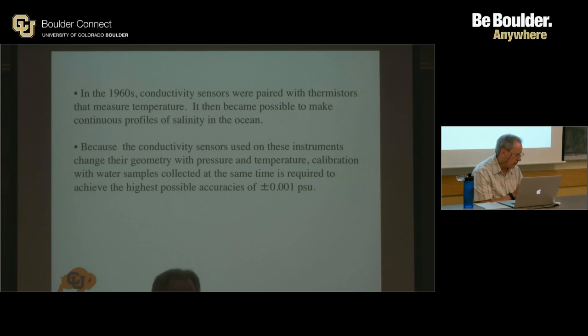They were actually the right way to do it, but they got fouled. And so they ended up using an inductive salinometer, which didn't get fouled, but was much slower. And they were using thermistors that were relatively fast. So it turned out you were getting the wrong measurement because the salinity was always behind the temperature. And so they were making the incorrect measurement.